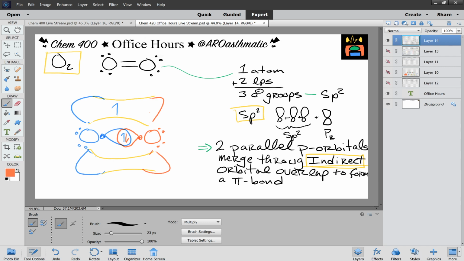So we have our two electrons chilling together. We've got a shade, half of our pi bond. And yeah, so together, the top and the bottom are the two lobes of one pi bond.